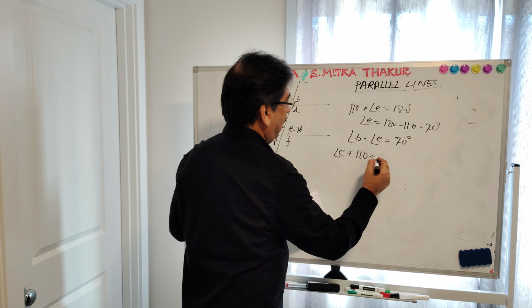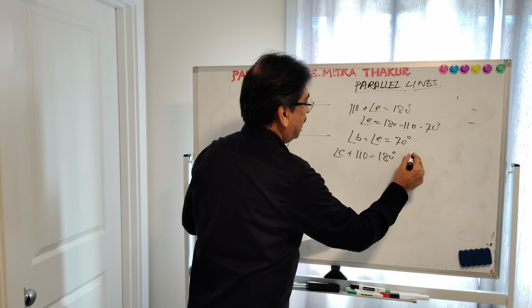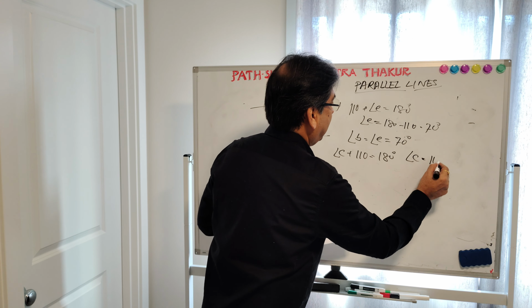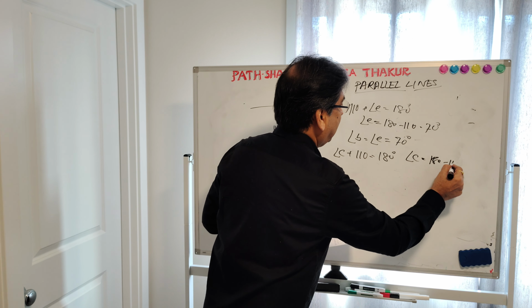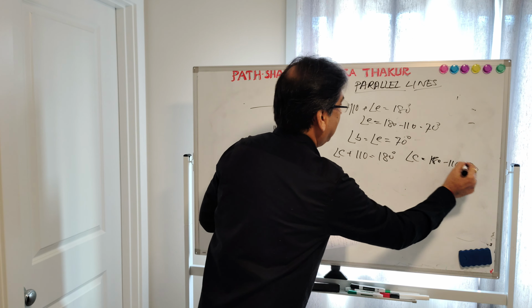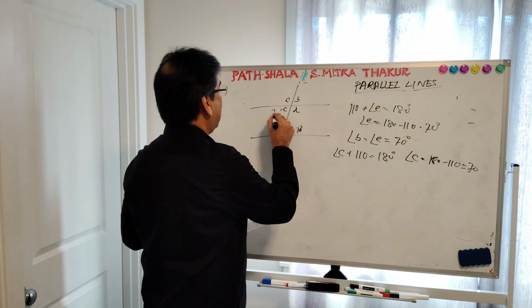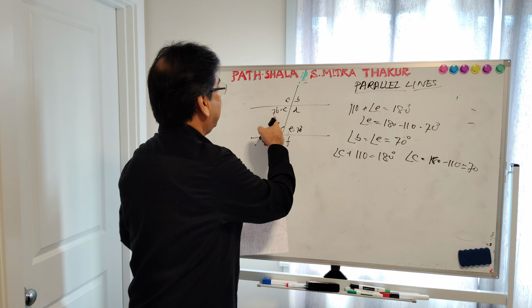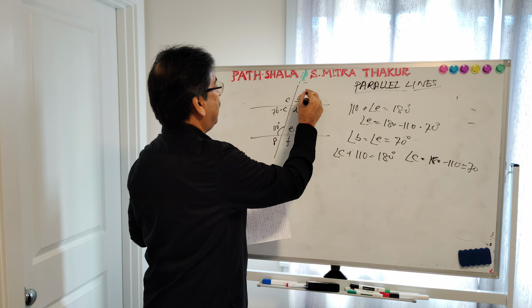So angle C is equal to 180 minus 110, that is 70. So angle C is equal to 70 degrees. If it is 70 degrees, then B will be 70 degrees.